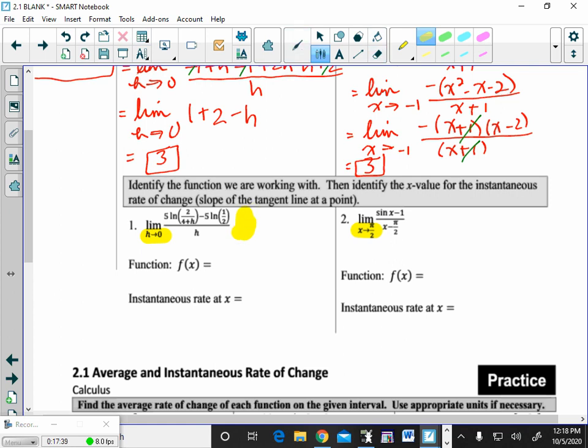the limit as h approaches 0 of f of a plus h minus f of a all over h.